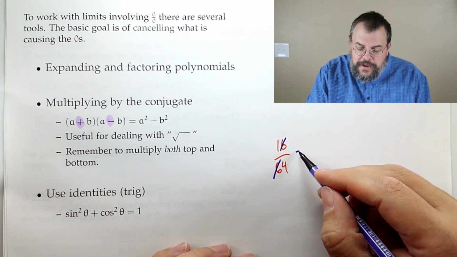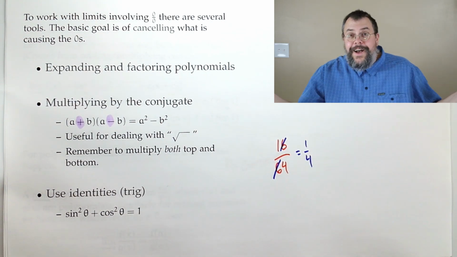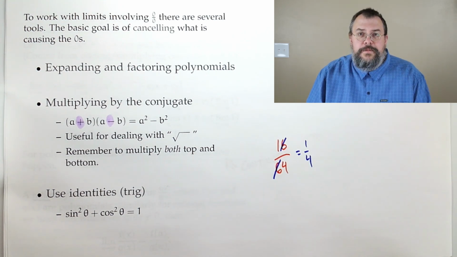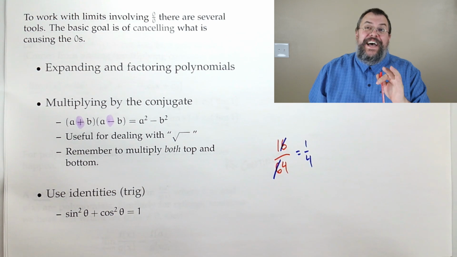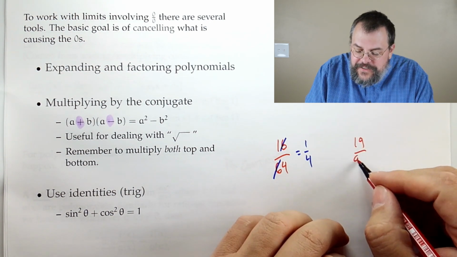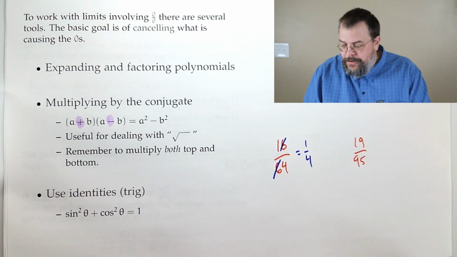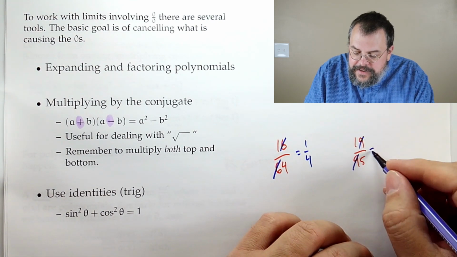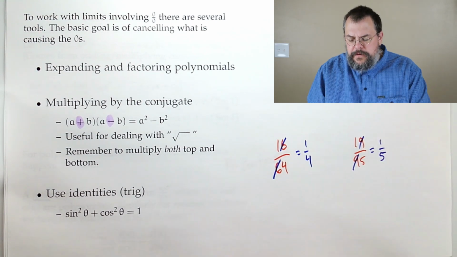And so we end up with 1/4, which actually is 1/4. Okay, that's a bad example. All right, here's a better example. Look, 19 over 95, right? Well, you can cancel the 9's, right? And that's 1/5. Wait, that is 1/5.